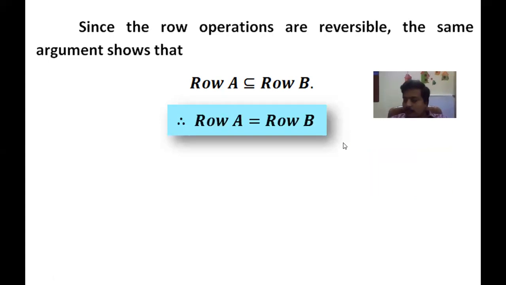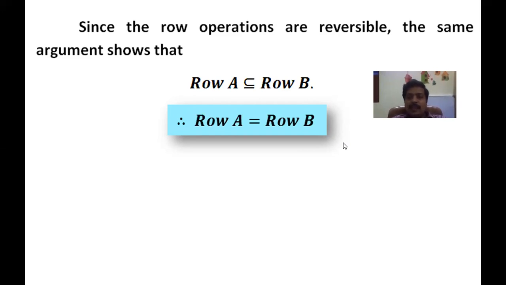So if B is an echelon form of A, it is sufficient to tell that the non-zero rows of B can form the basis.